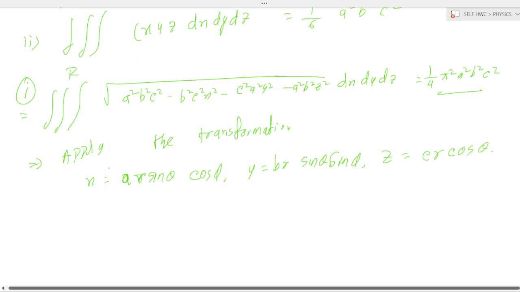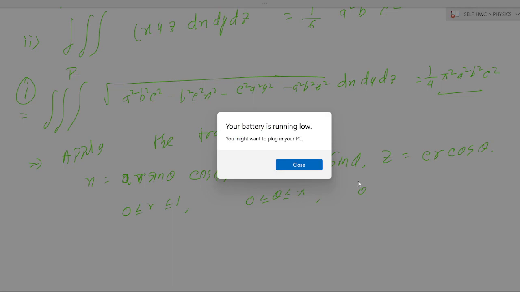Okay, the transformed region is given by 0 ≤ r ≤ 1, 0 ≤ theta ≤ pi, and 0 ≤ phi ≤ 2 pi.